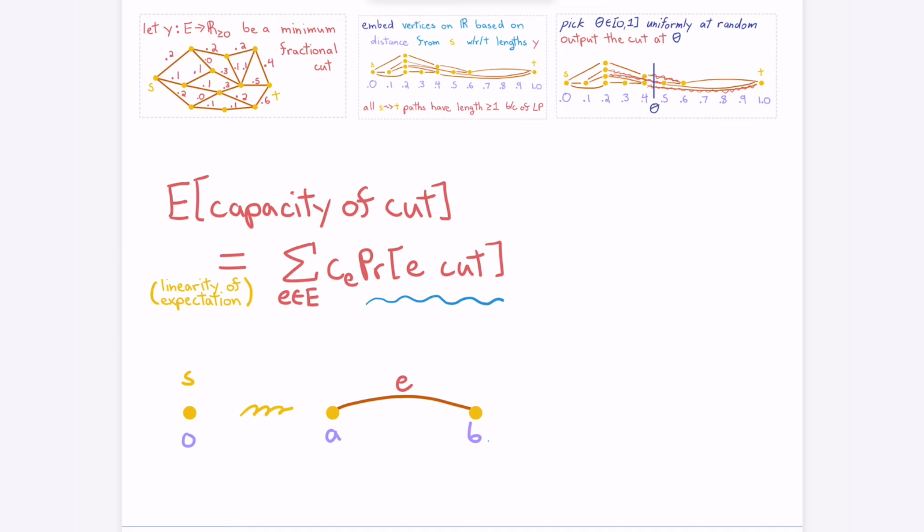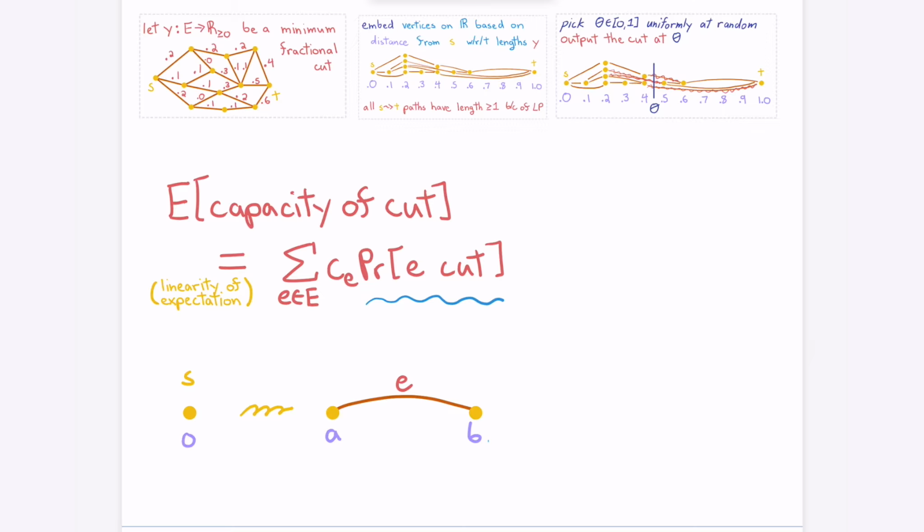Now, how can I relate that to E's LP value? Is it just YE? It's not necessarily exactly YE, but how are we going to relate it to YE? Might not be equal, but certainly we can say something about YE.